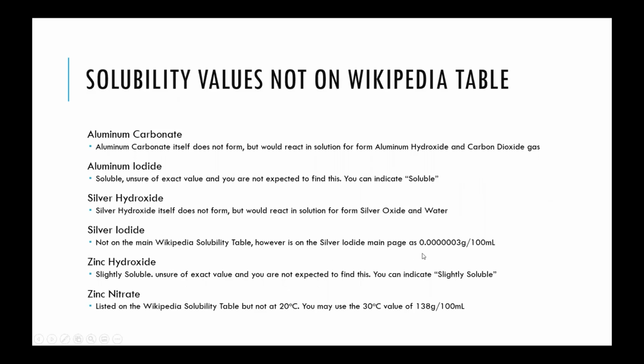However, it does have a solubility of 0.0000003 grams per 100 milliliters. So it's not very soluble. Zinc hydroxide is also just like the aluminum iodide. Unsure of the exact number, but you can indicate that it's just slightly soluble. So barely able to dissolve, but most of the time not really.